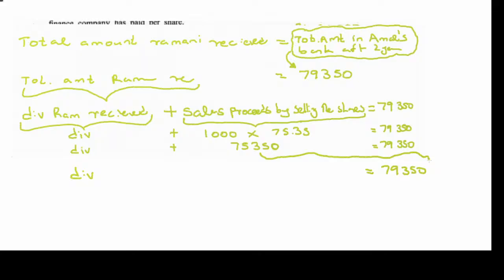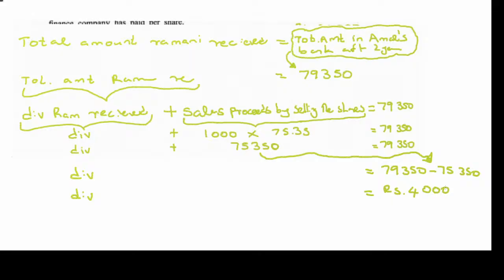When we put it to the other side, it becomes subtraction, minus 75,350. When we subtract, we end up with rupees 4,000. Now 4,000 is the total dividend she received from 1,000 shares.